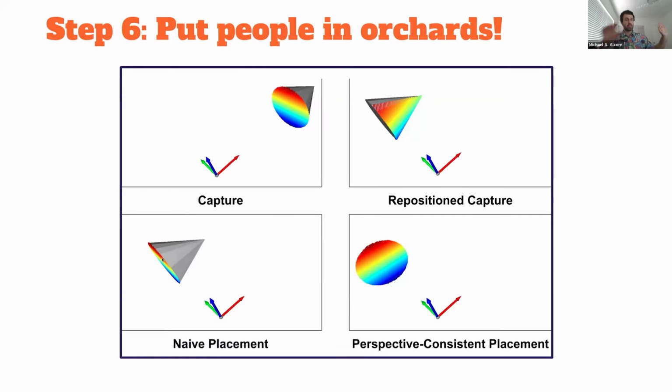When the circle gets moved to the side of the LiDAR, you'd only see the front edge, or the edge that's closest to the LiDAR. And so, moving this point cloud around in space without considering perspective gives you a point cloud that's wrong in multiple aspects. And so the trick here is to use this perspective consistent placement.